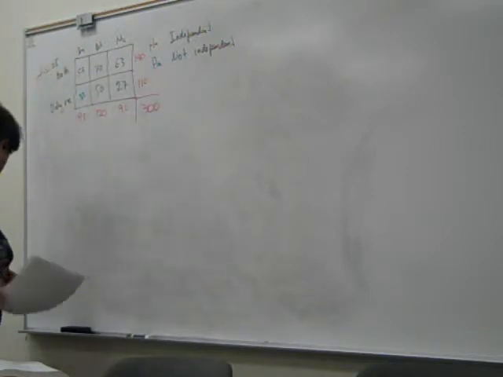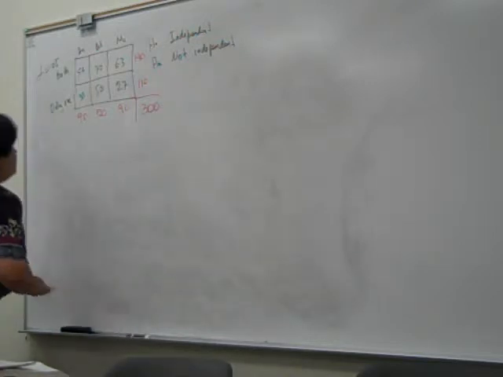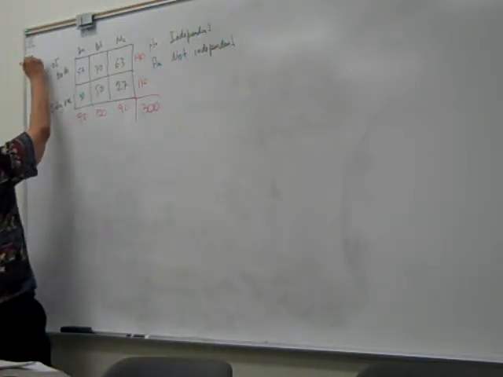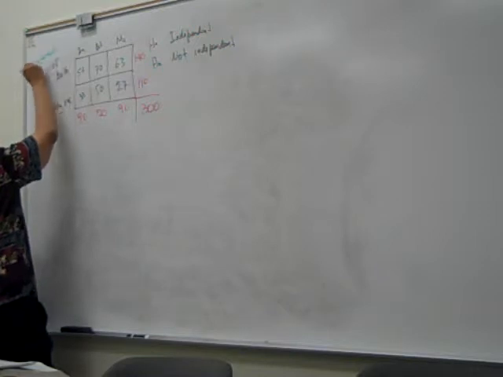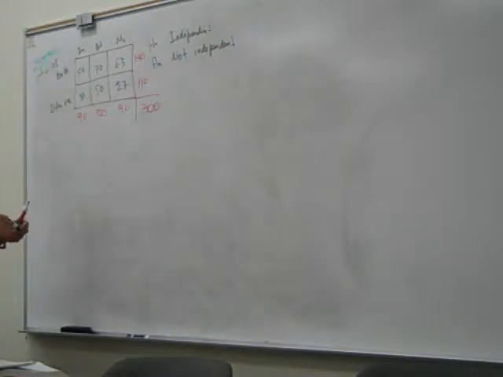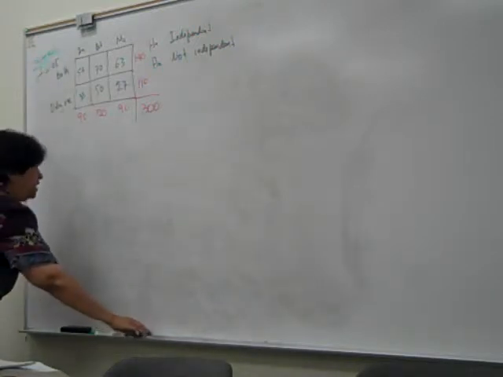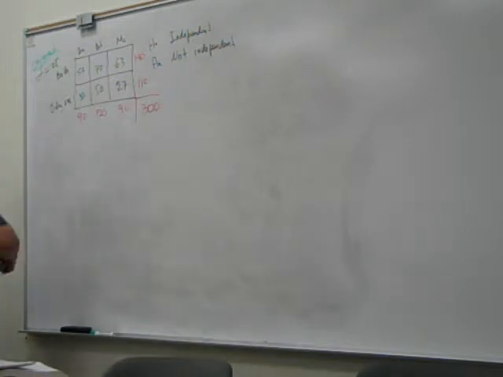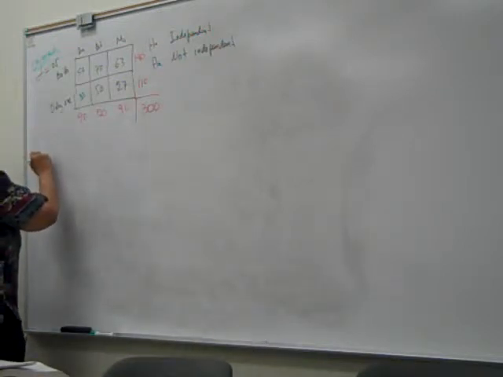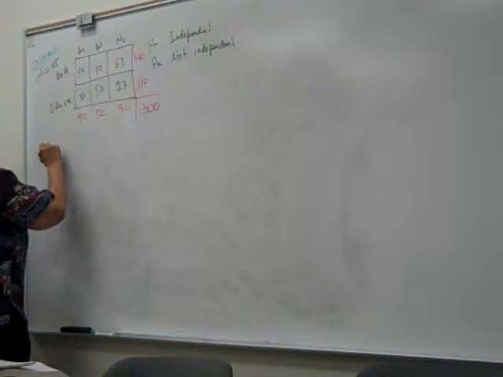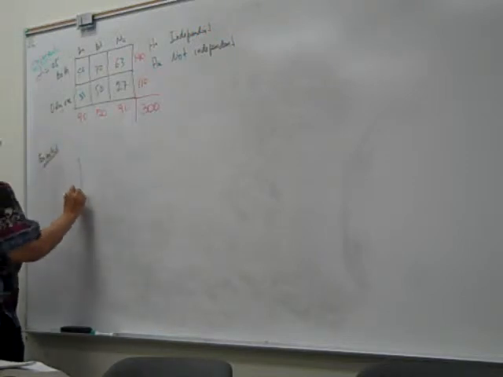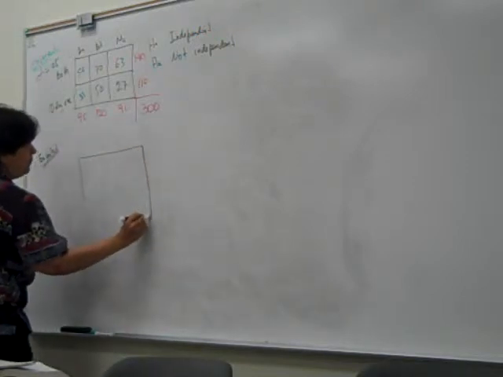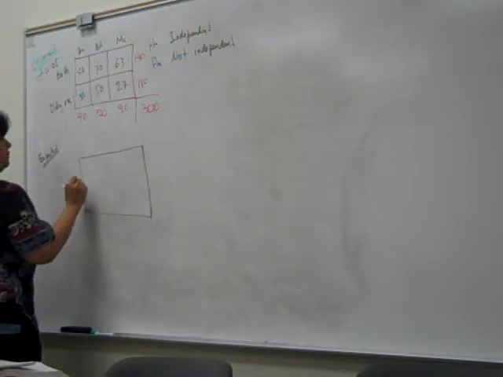So this data over here is what is called the observed. We need to calculate the expected, and this is the expected number of elements if both variables were independent.